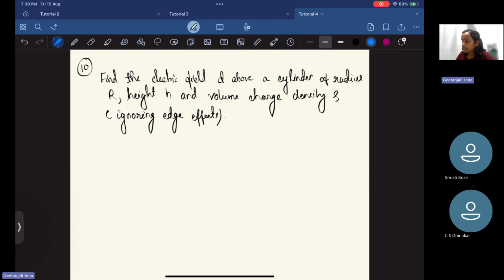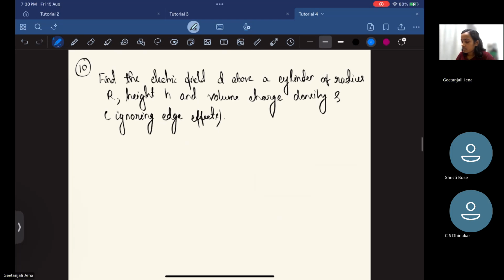Okay, so let us see our 10th question. It's based on a cylinder. It's asking you to find the electric field at a distance D above a cylinder of radius R and height H, with volume charge density rho, and ignore the edge effects.